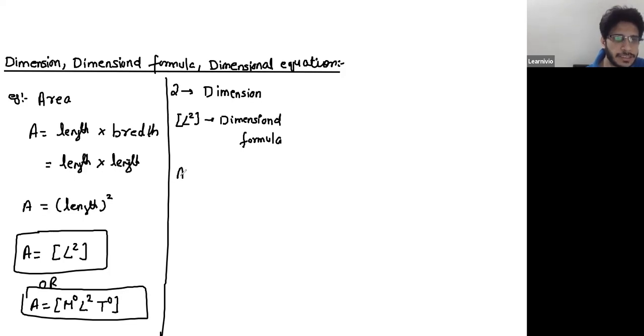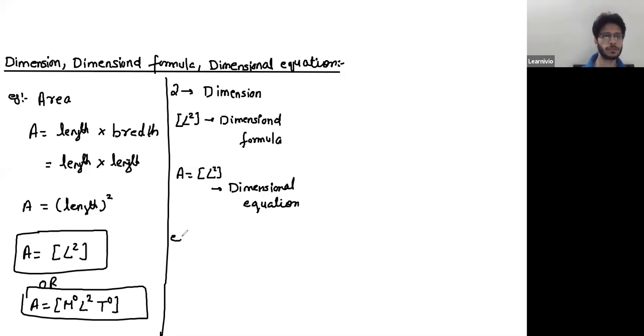Similarly, if I write A equal to L square, then this is an equation: derived quantity equal to dimensional formula. This is known as the dimensional equation.